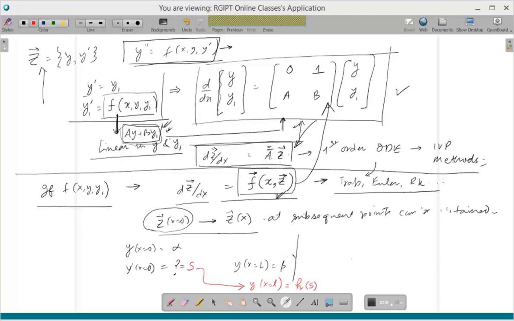The last boundary point. Pictorially, we can depict it like this: you have some initial value given to you, which is alpha, and you have x this way, and you assume dy by dx to be s initially. That is like a slope, and you know how the slope evolves in this range, which is given by this equation.